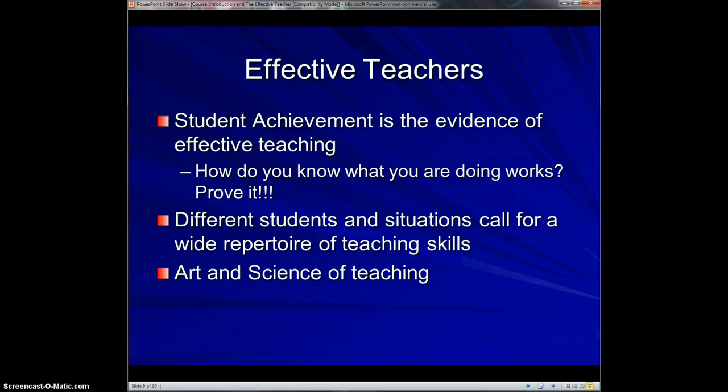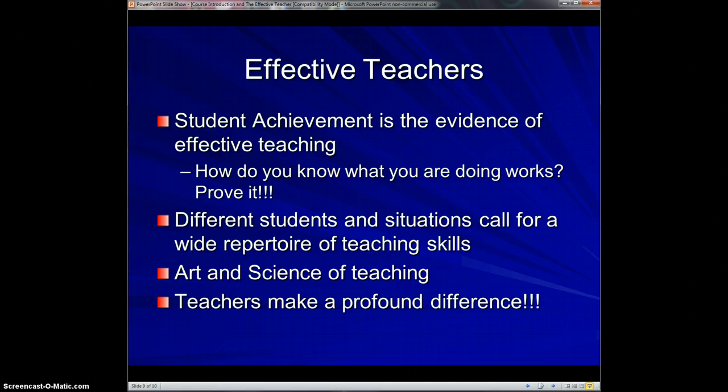And I think the real magic happens when you put those two things together and you combine them with the students that you have. So you combine your personality, you combine the facts about teaching, and then you combine the students that you have. And all of that works together in a wonderful blend, a blend that really can never be repeated. And that's part of this art and science of teaching.